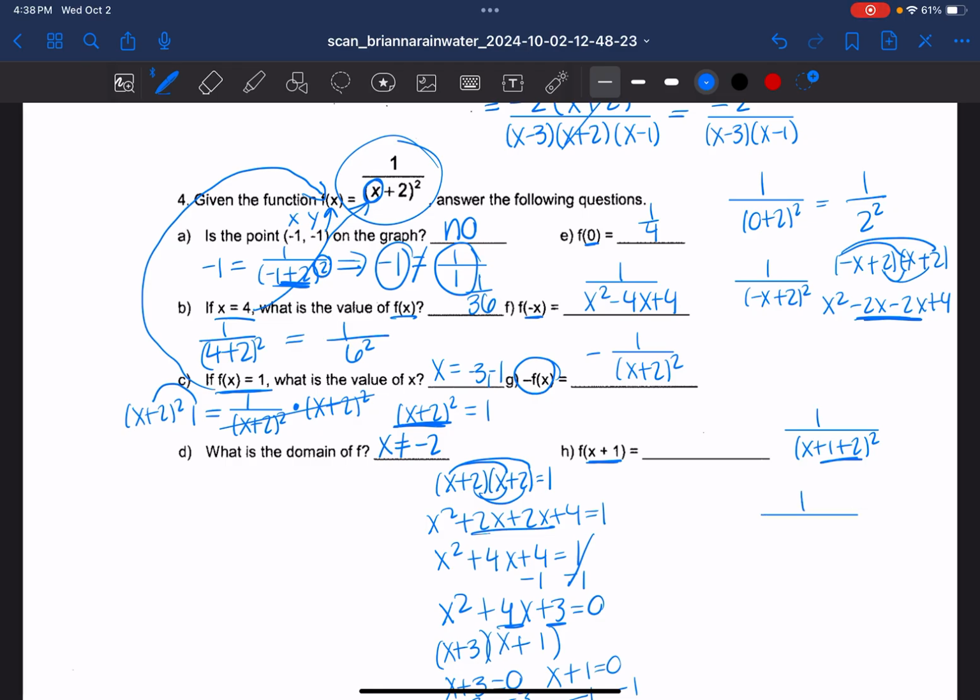I'm going to have 1 over x plus 3 quantity squared, which would be x plus 3 times x plus 3. X times x is x squared. X times 3 is 3x, another 3x. And 9. These are like terms. So I end up with 1 over x squared plus 6x plus 9.